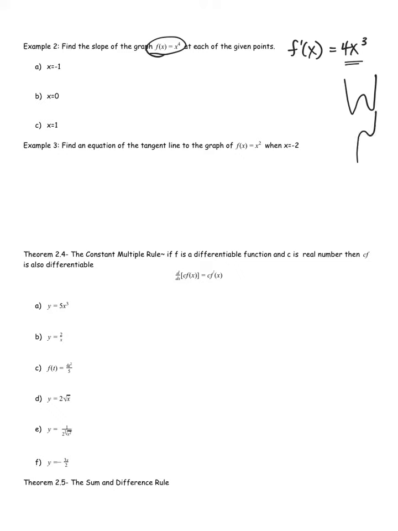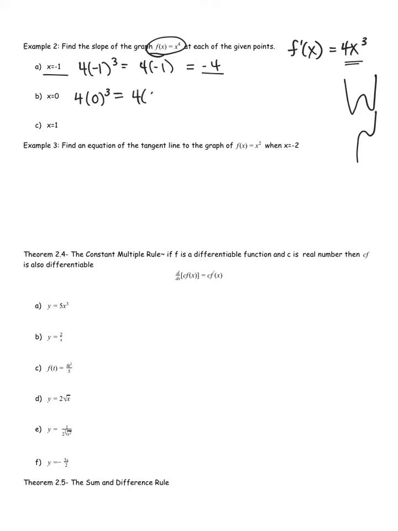And so then we're plugging in x equals negative 1. So 4 times negative 1 cubed is 4 times negative 1, so it gives me negative 4. So what that's saying is the slope of that graph at x equals negative 1 is negative 4. Okay? So same thing here. It wants the slope at 0.